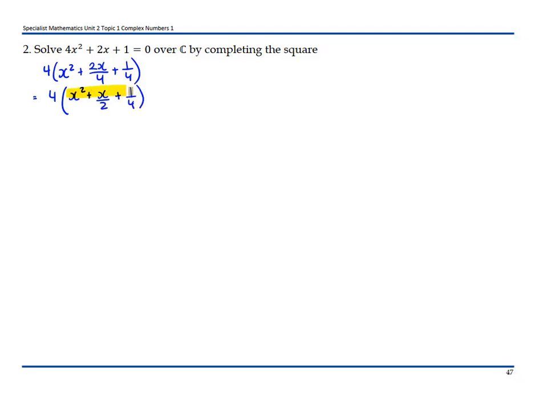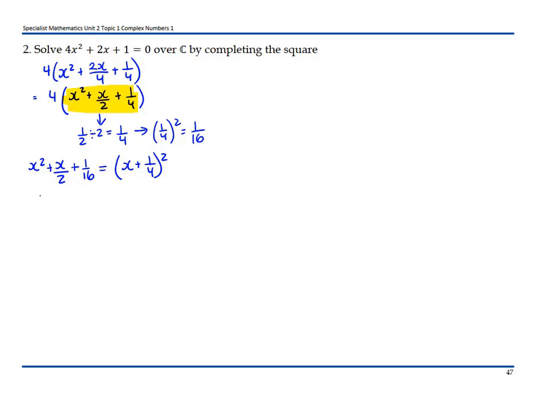So now I'm going to complete the square for this bit here. So I've got 1 over 2 divided by 2, which is a quarter, and then my quarter all squared is 1 over 16. Okay, so that means my x squared plus x over 2 plus 1 over 16 would be x plus 1 over 4 all squared.